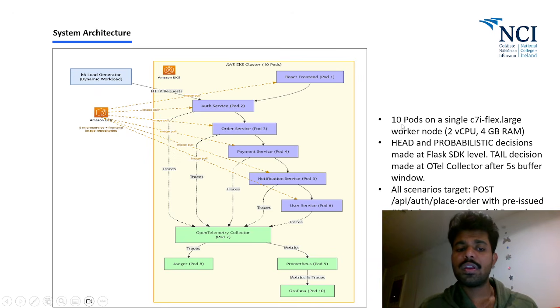Of the total 10 pods, the five microservices and the front-end are deployed via Amazon ECR, and the cluster gets the images from there, and I'm using this for the dynamic workload. I'm using a c7i-flex.large worker node for the entire setup, which has 2 CPUs as well as 4 GB RAM.